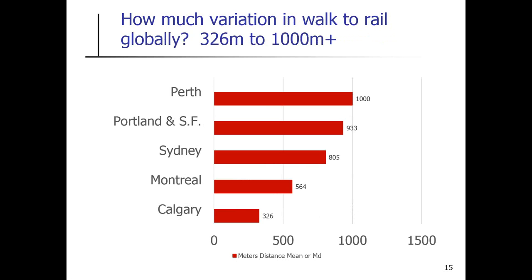And this is consistent also with what you find in variation to walking to light rail globally. Here you find a threefold difference between access to rail in Calgary versus Perth. So think about the researcher who has to pick what is near and what is far, given these differences in walking distances to rail.